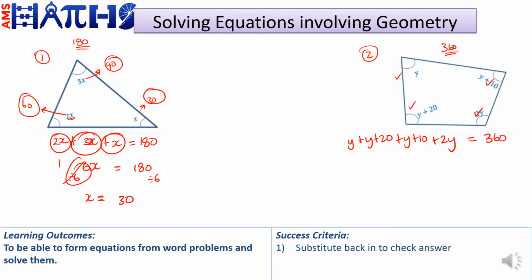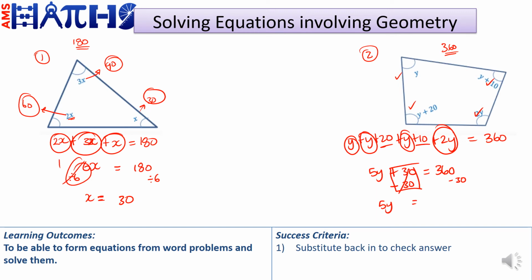We'll simplify, so we have 1y plus 1y gives us 2y, plus 1 more y, 3y, plus 2 more y is 5y. Then 20 plus 10 is 30, so we have plus 30 equal to 360 degrees. Then we can solve for y, so we can subtract 30 on both sides. So 30 minus 30 is 0, leaves us with 5y.